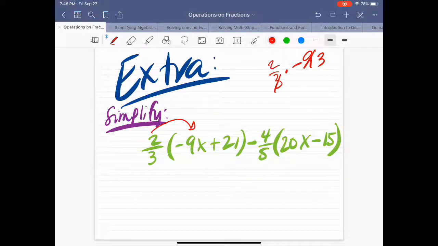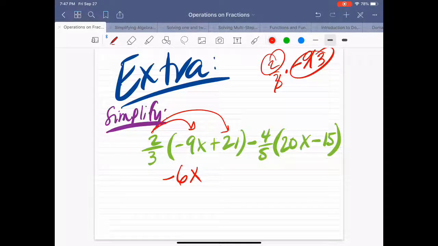All we have to do now is multiply whatever's left over. So 2 times negative 3 gives you negative 6. Don't forget the x. And then we're going to do 2 over 3 times 21. Let's simplify. 3 goes into 21 7 times. So then multiply whatever you have left over. So 2 times 7 is 14.